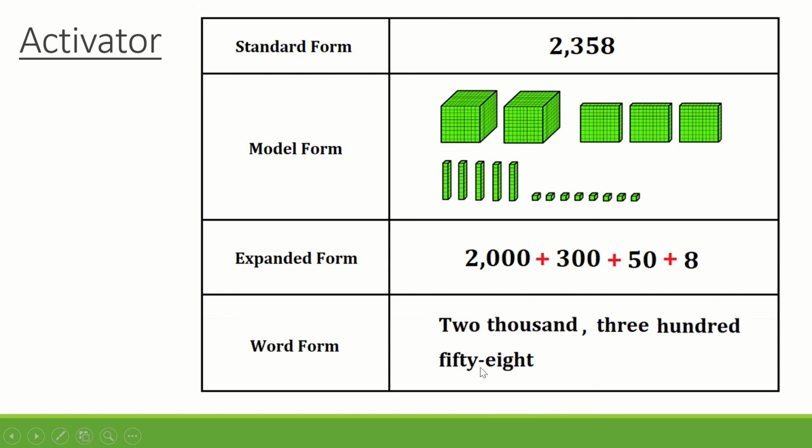And do note that I put a hyphen between the 50 and the 8 because when we have a digit of value in the ones place and in the tens place, it's kind of like they like to be linked together, if you will.